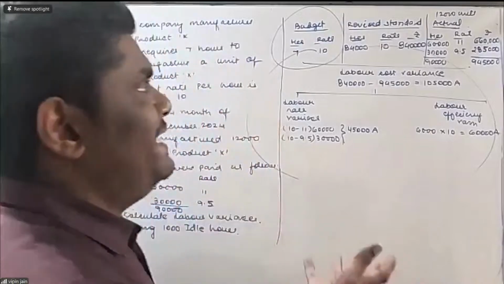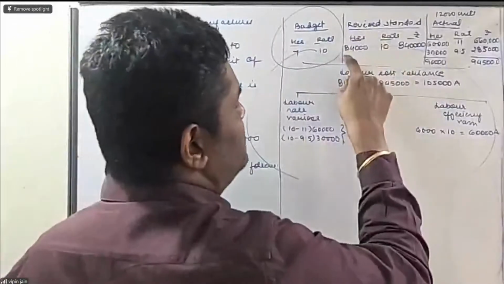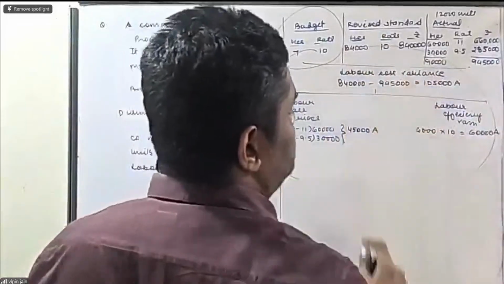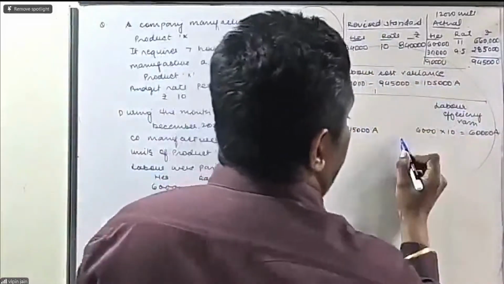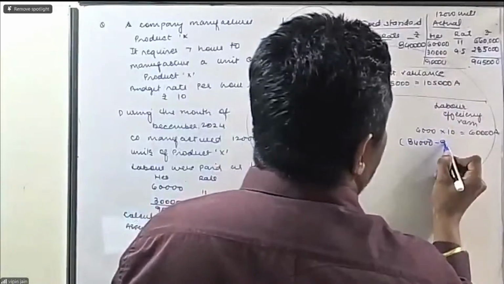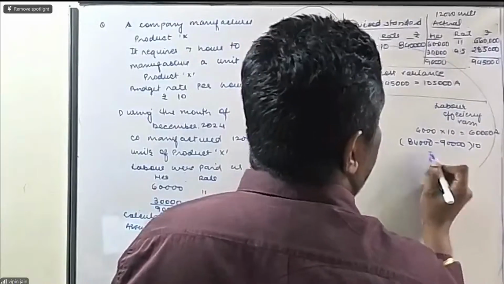Labor efficiency variance or time variance, the work was supposed to be completed in 84,000 hours. This much hours we were supposed to work. The hours we actually worked is 90,000. 84,000, that is standard hours, minus 90,000 actual hours into the rate, that is 10.